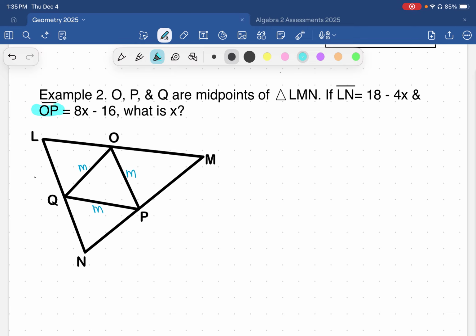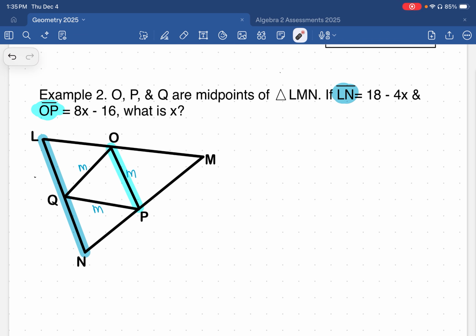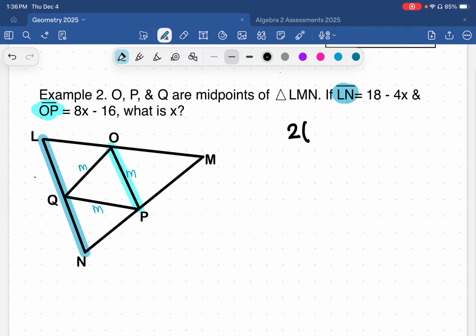I'm going to do OP first, not that it matters, I'm just doing it because it's the midsegment. So what I know is that I'm going to take 2 times OP and it's going to give me LN. That's what my formula says. So I'm going to go ahead and write that. 2 times OP is equal to LN.